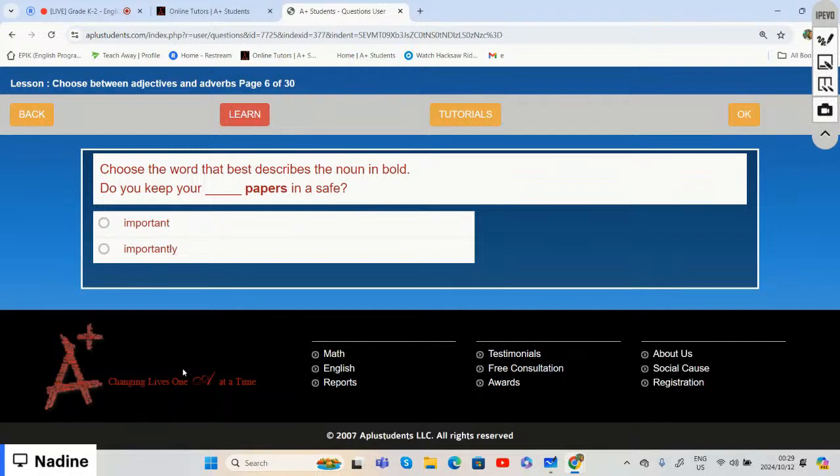Which one is correct, important or importantly?